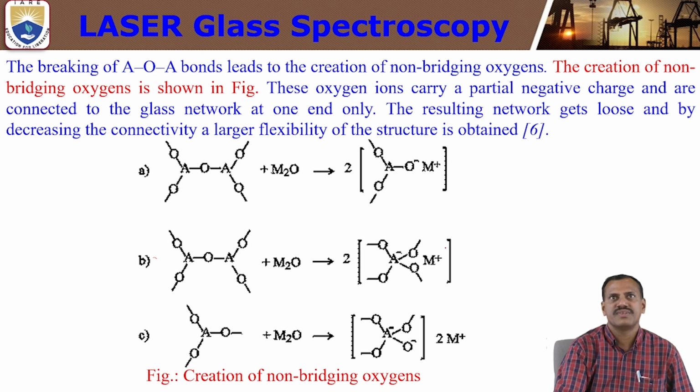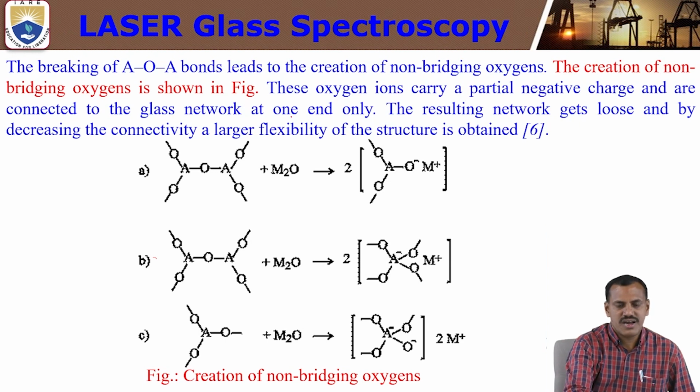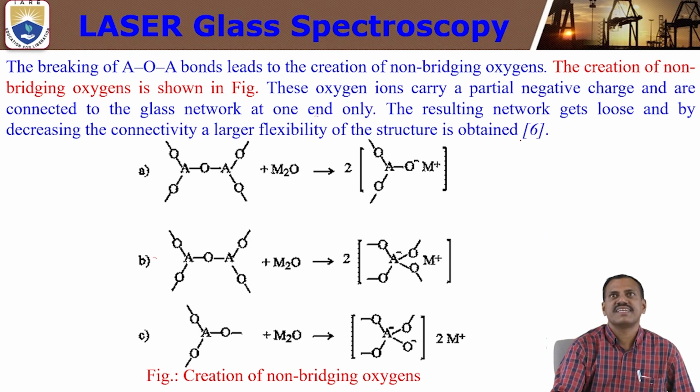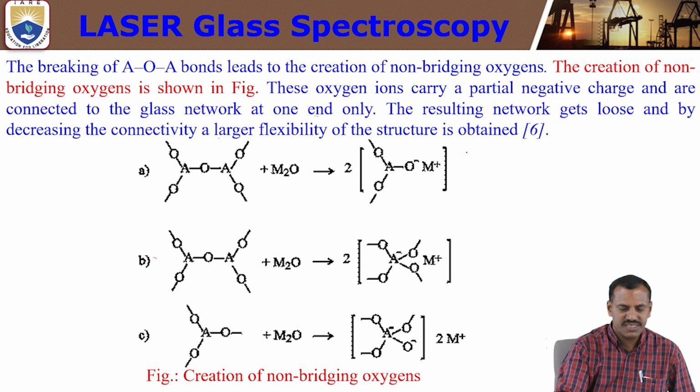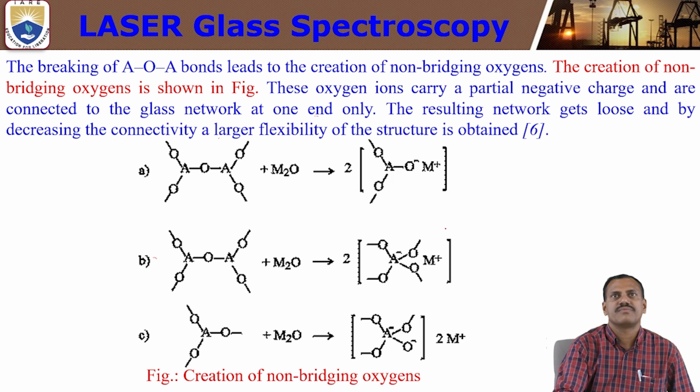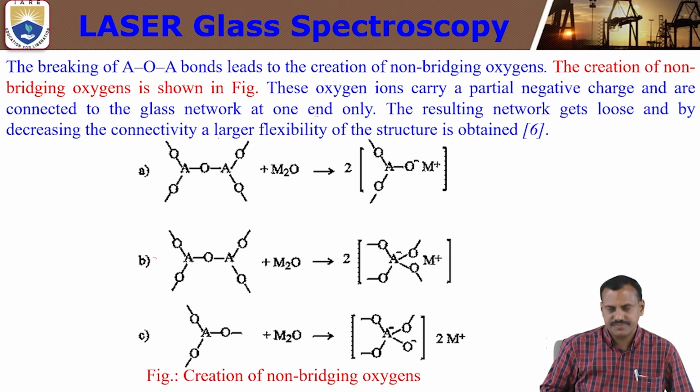How does non-bridging oxygen form? These oxygen ions carry a partially negative charge and are connected to the glass network at one end only. The resulting network gets loose, and by decreasing the connectivity, a larger flexibility of the structure is obtained.